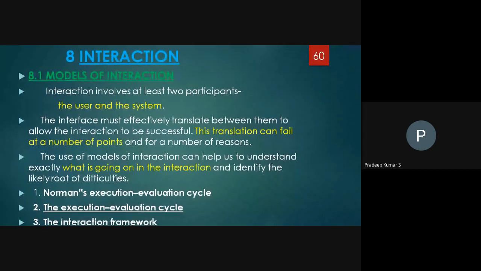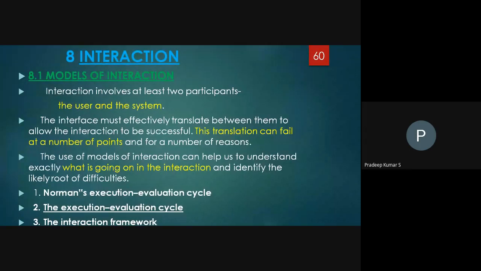So what difficulties are we going to see? One is the normal execution evaluation cycle. The second point is the execution evaluation cycle. The third one is the interaction framework. Especially in the university exam they ask: explain the difficulties that are faced in the interaction.